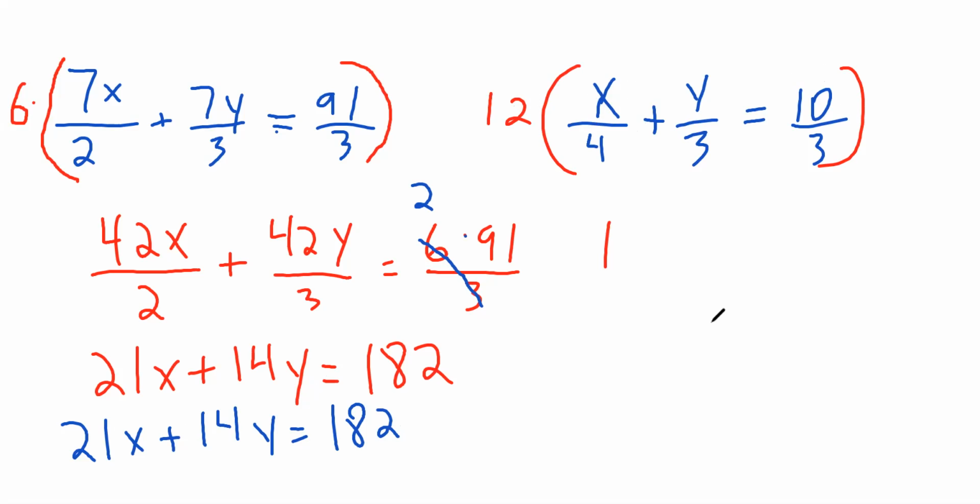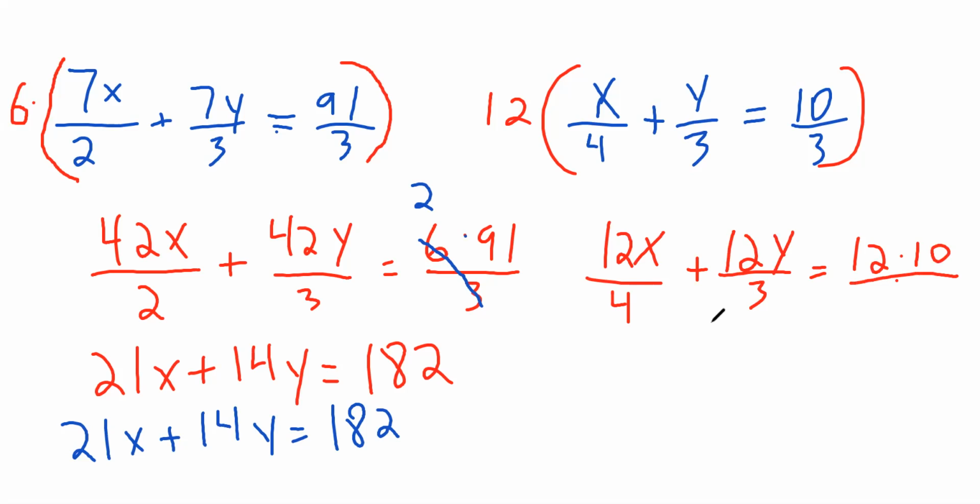So it'll be 12x over 4 plus 12y over 3 equals 12 times 10 over 3. And now some cancellation can occur.